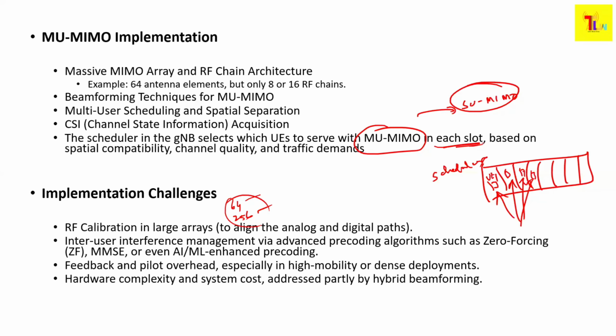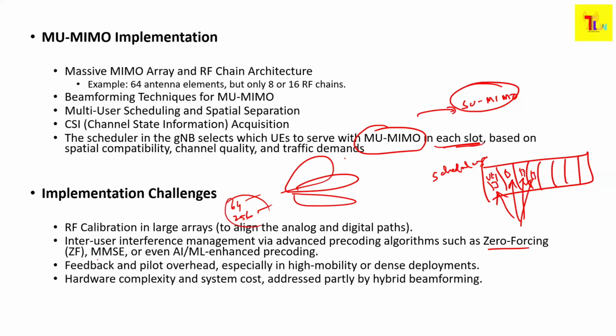I mean, this multi-user MIMO, and you need precoding algorithms like zero forcing, minimum mean square error algorithm, or even AI/ML based precoding has to be implemented in order to reduce the interference, because you'll be sending multiple beams across multiple users.